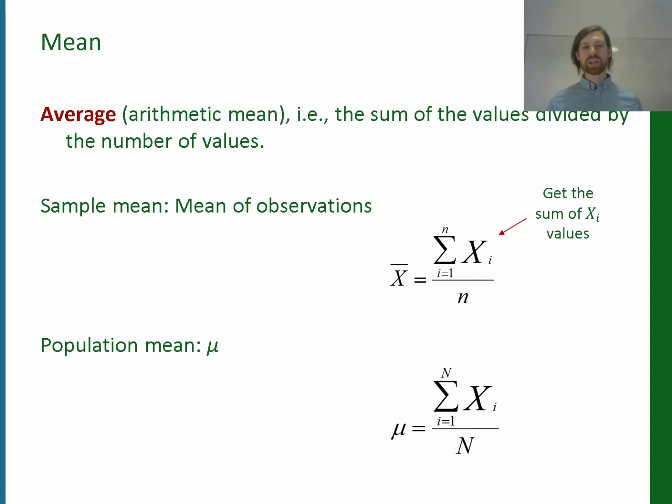Or we can get the population mean, mu. Essentially to get mu, we again sum all of those data points that we have in the population, but then we divide by, notationally this is different, uppercase N referring to the whole population. So it's the same math, but we're just displaying it differently to indicate that we are drawing these data points from different groupings. One from the sample, one from the population.